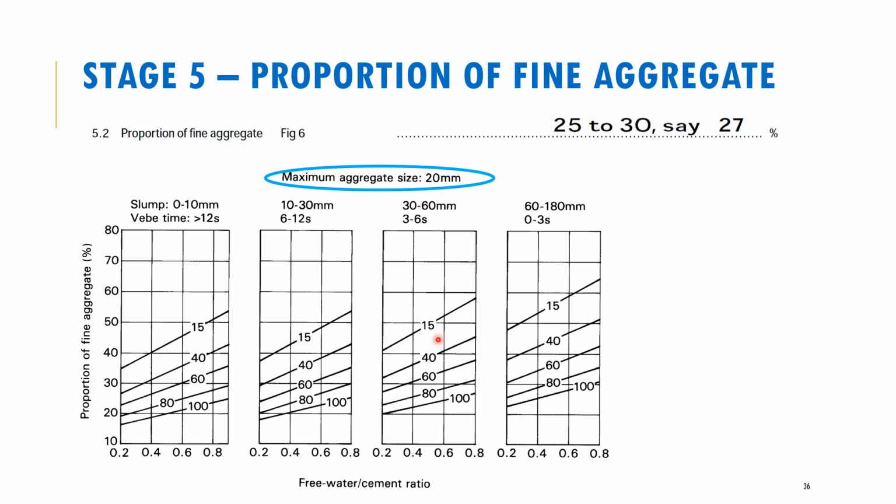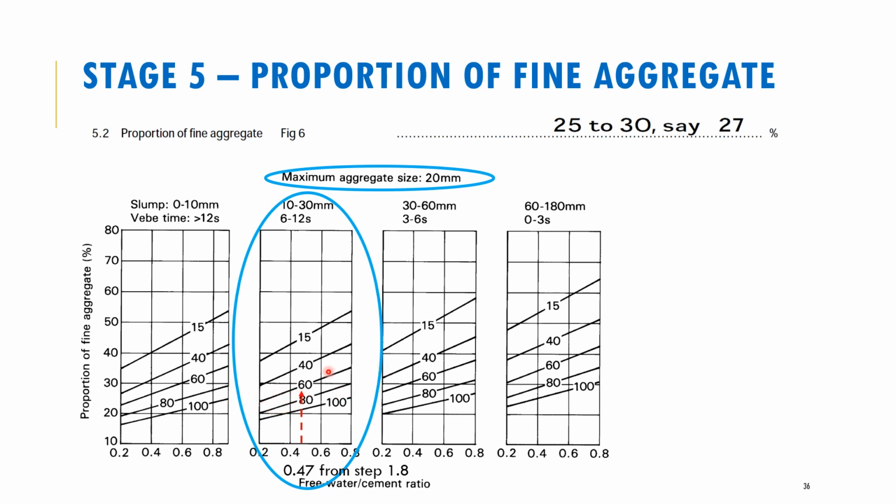Now I need the free water to cement ratio, and from the previous step 1.8, we had our free water to cement ratio for the example given as 0.47. So that's on my x-axis. I go up until I hit my 70% curve. Why is it 70%?